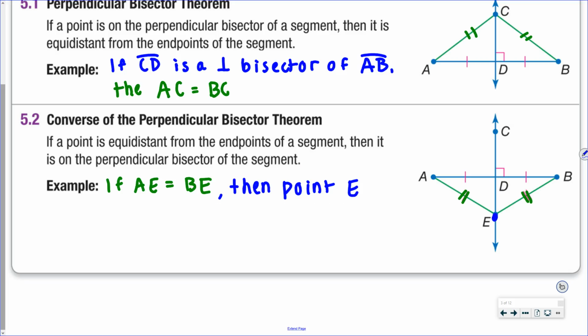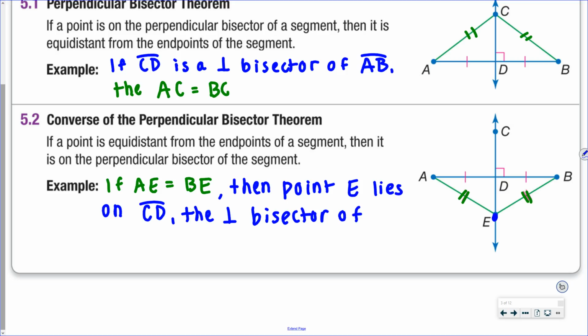I'm gonna put lies on. Okay. So we can also use that in the converse. If we know it's equidistant, then we know that that point is on the perpendicular bisector.